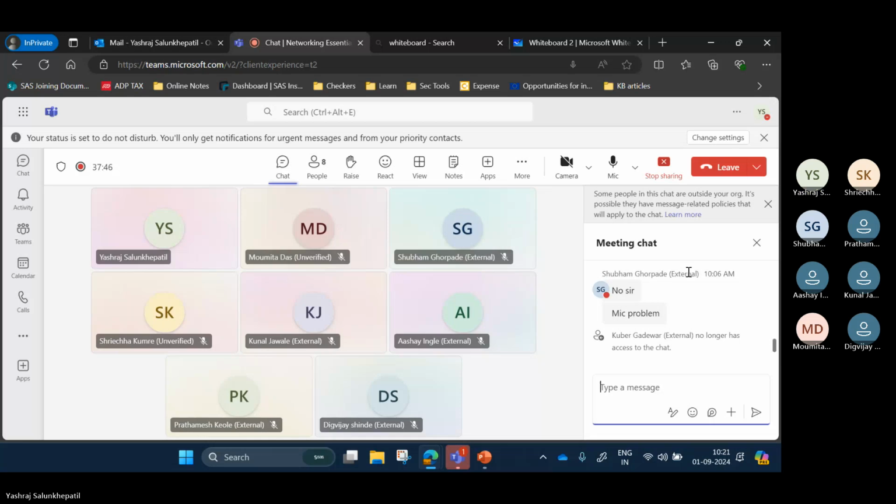Okay. Others, please confirm. Okay. Like I said, these are basic concepts जिस पे सब based है. So, have you understood this?